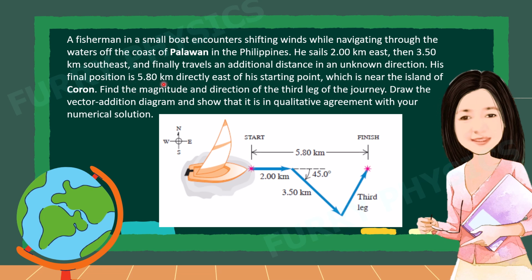His final position is 5.8 kilometers directly east of his starting point, which is near the island of Coron. Find the magnitude and direction of the third leg of the journey. Draw the vector addition diagram and show that it is in qualitative agreement with your numerical solution.